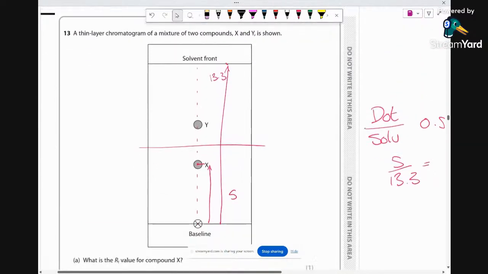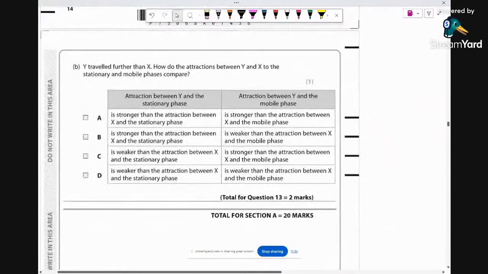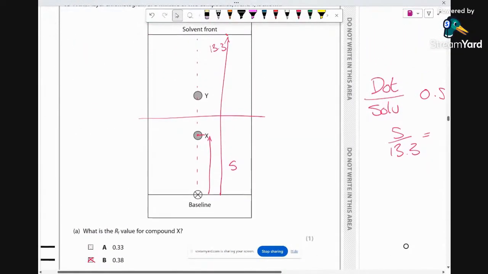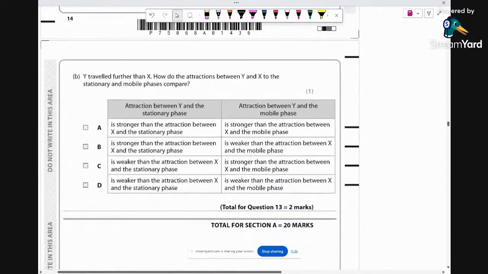In this case, we're comparing: Y traveled further than X. We need to say Y has a lower affinity for the stationary phase and higher for the mobile phase. The attraction between Y and the stationary phase is weaker than the attraction of X to the stationary phase. There's C. Because this one is stronger attraction, nope, because it wouldn't have traveled as far.